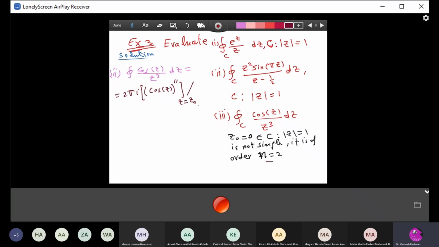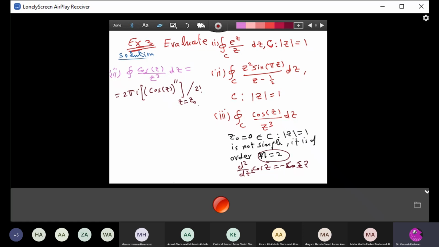N is 2 here, right? So I have to divide by factorial 2. You are lucky because d by dz of cosine Z is minus sine Z, and the second derivative will be minus cosine Z, right?